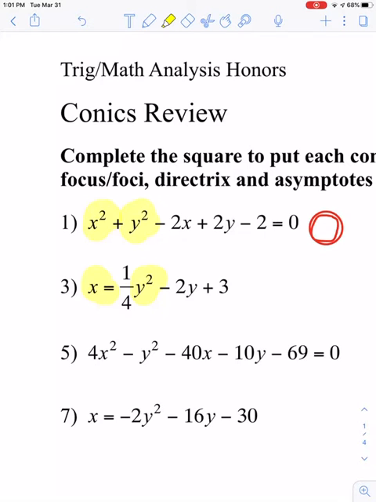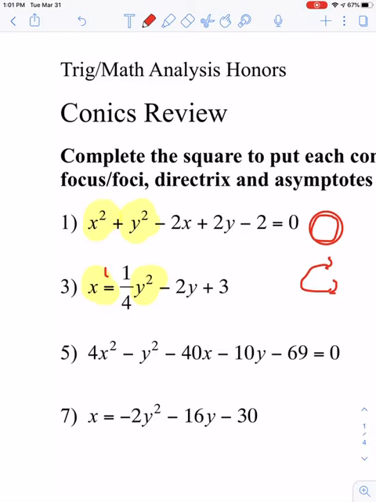There is one squared variable, so this is a parabola that opens up or down or right or left. Because x is the singular variable, x to the first, this must open either right or left, and because the coefficient on y squared is positive, this is a parabola that opens to the right.